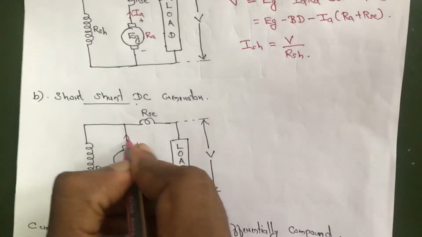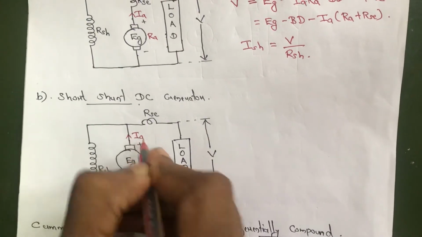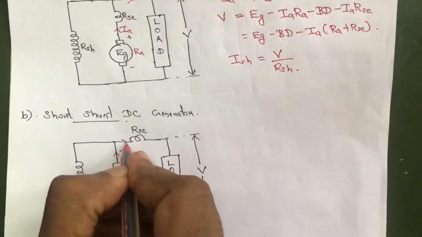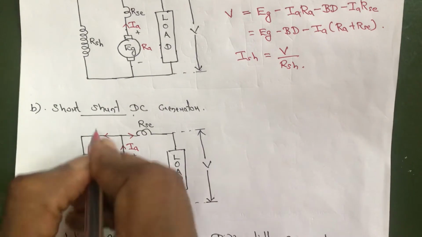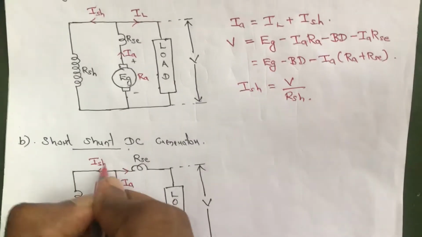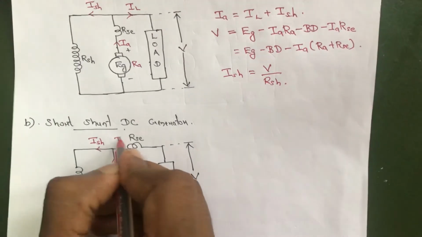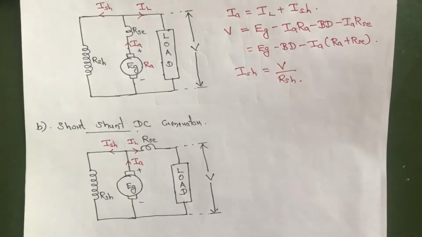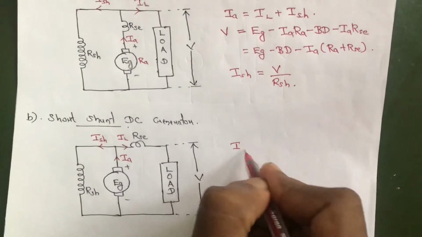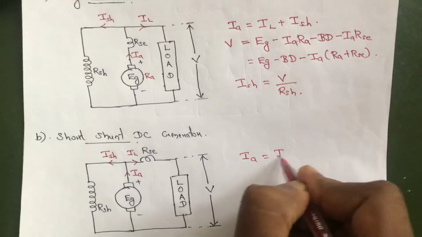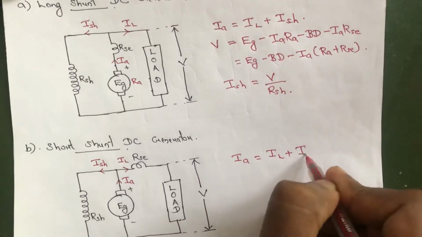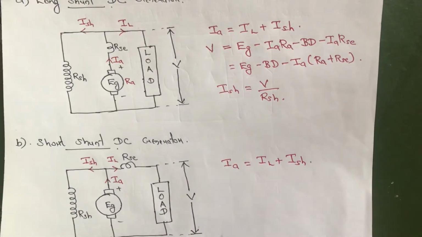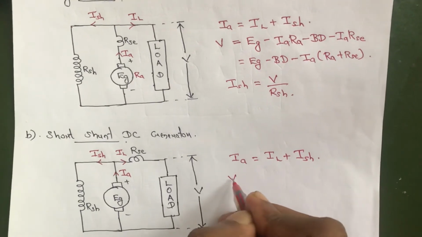As the generator rotates, a current IA will be generated and it will go to two paths. This is the shunt current and this is the load current IL. So we can write IA equal to IL plus ISH.